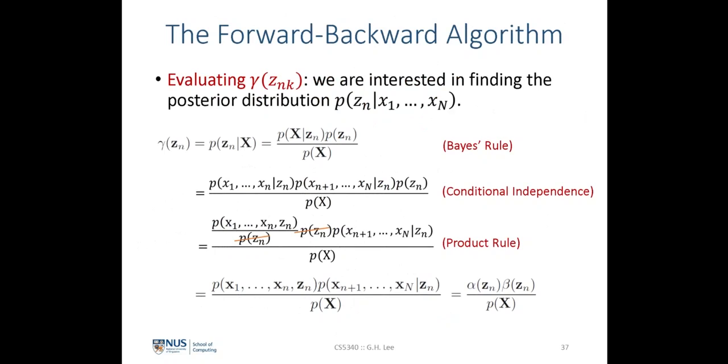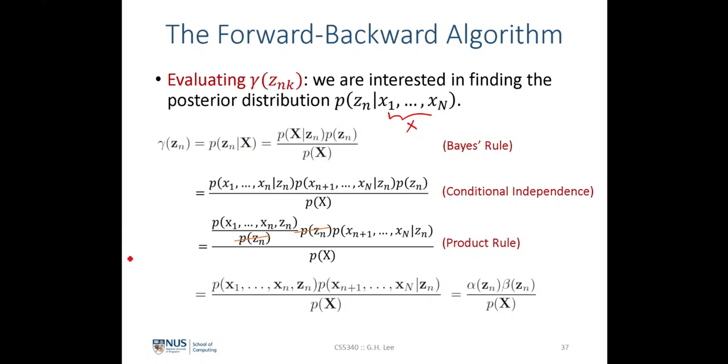So let's first look at the evaluation of the gamma function over Zn taking a state of k. We are interested in finding the posterior distribution of Zn conditioned upon x1 to xN, where all these are our observations, or observed random variables.